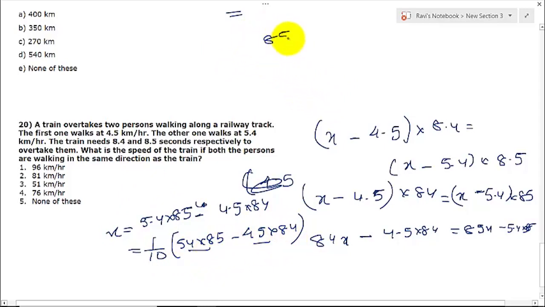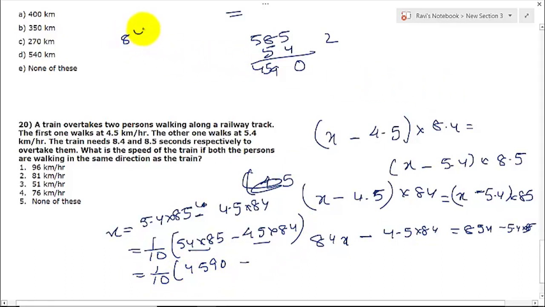So 85 and 54, how we are going to do is 5 4 is 20, 2 carry, 32 plus 5 is 37, 57, 9, 5 carry, 40, 45, 4590. So this will be 1/10 of 4590 minus 84 into 45 will be how much? 0, 2 carry, 40 plus 16 is 56, 8, 5 carry, 32, 37, 3780.